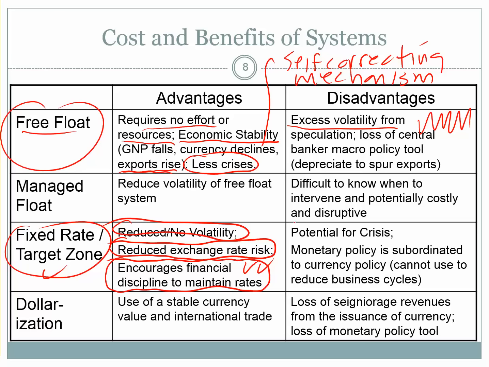But here's the risk. The risk is the exchange rate is held at a certain level, and that deviates from where the market would allow it to be, or the market would put it. So if a country is failing, but the government holds the exchange rate at a particular level, at some point the government finds it's impossible to maintain that level.